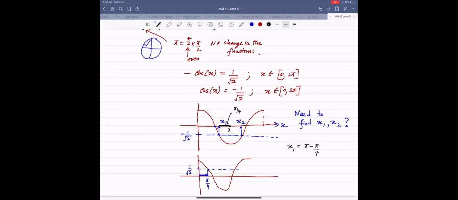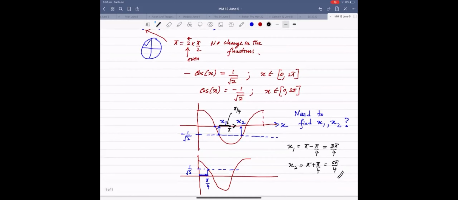This position is pi, so that would be 3 pi divided by 4. x2 would be on the positive side: pi plus pi divided by 4. So that's going to be 5 pi divided by 4. Very good.